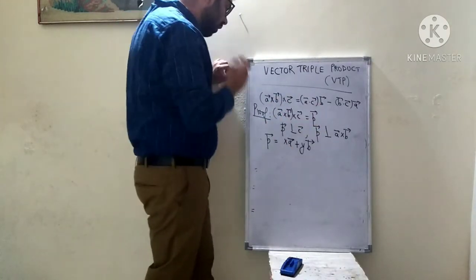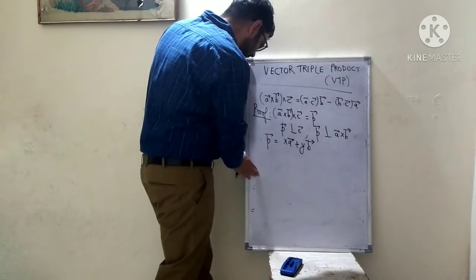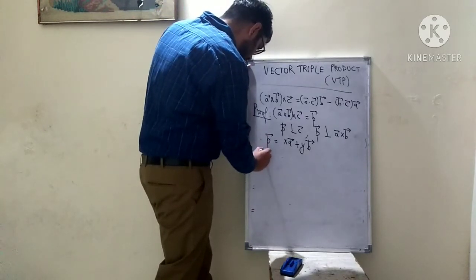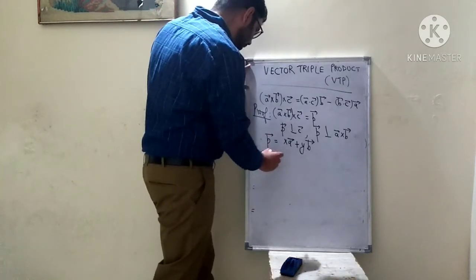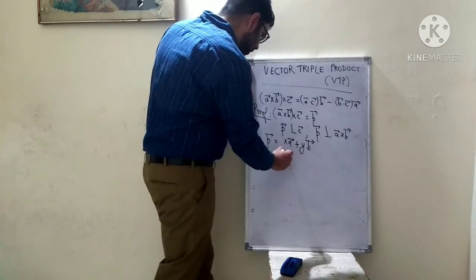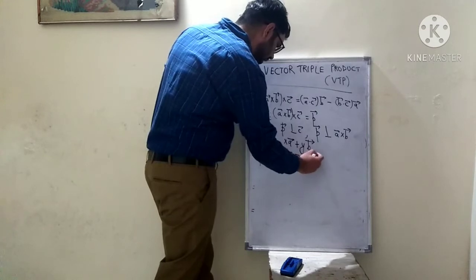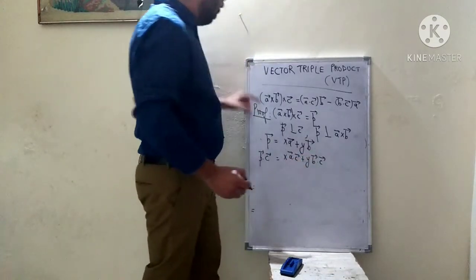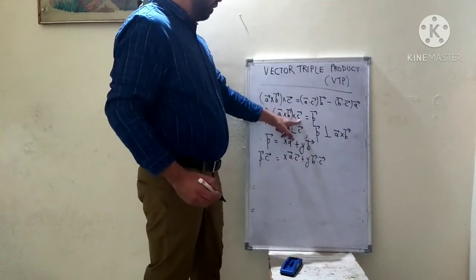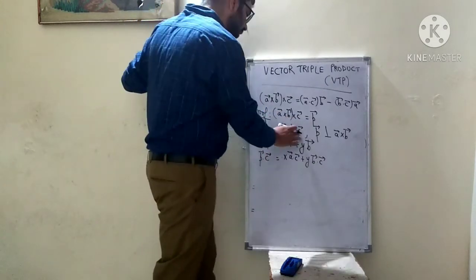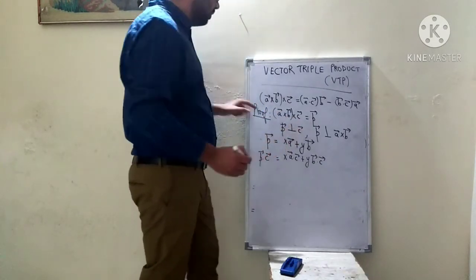Now what you do, you take the dot product of P with C. P dot C, what will it become? X times A dot C plus y times B dot C. Now P vector is perpendicular to C vector, therefore if we take the dot product of P vector with C vector, it must be 0, right?